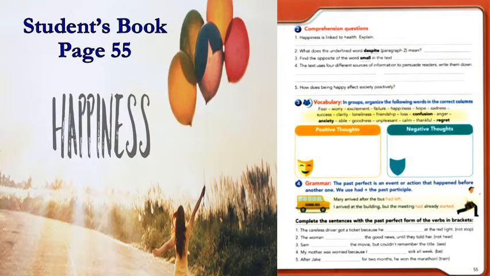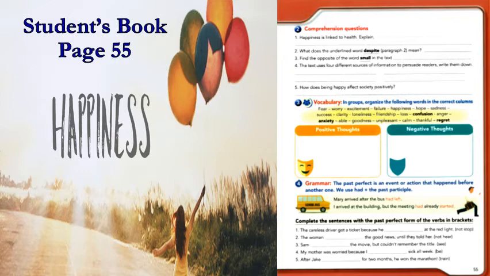It's the turn of our student's book. On page 55, exercise number 3, vocabulary. In groups, organize the following words in the correct columns. We have some words, and we have positive thoughts and negative thoughts.